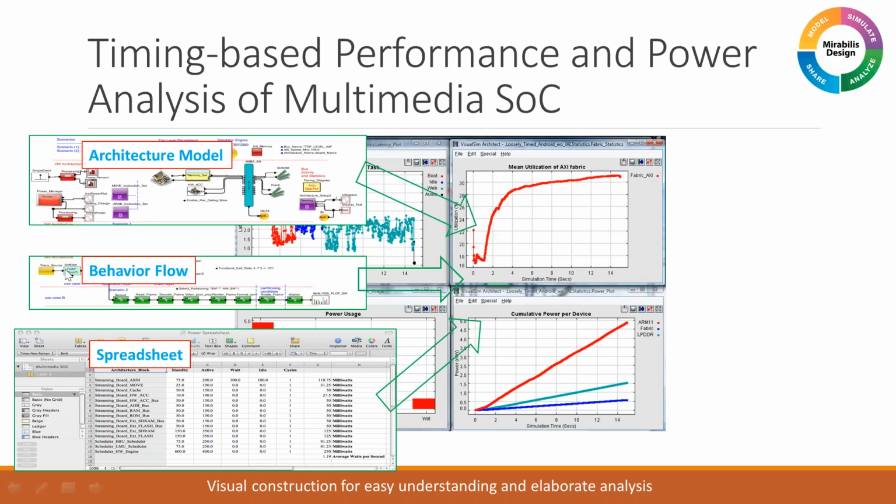The behavior flow is the actual use case that's going to be running on the system. In this case, it's a multimedia application. It could be something else in other designs. And below here are some of the attributes of the system. In this particular case, the spreadsheet is the power, but it can be other performance attributes. It can be the mapping of each function to a multi-core architecture, things like that as well.